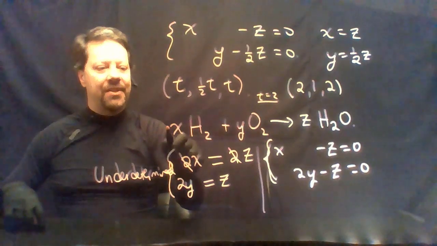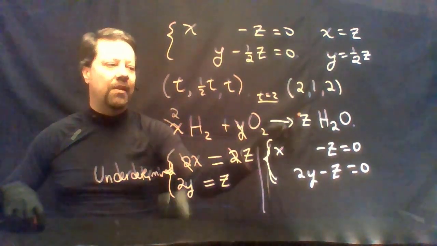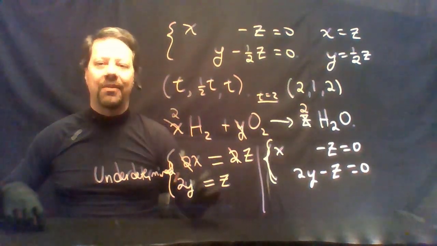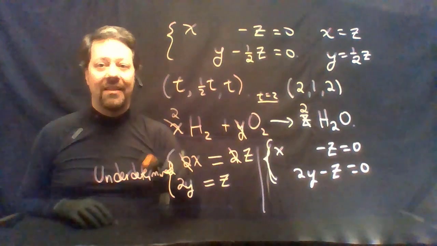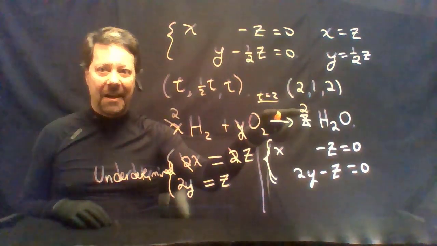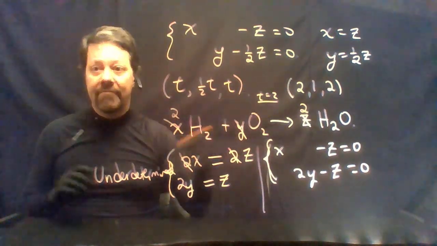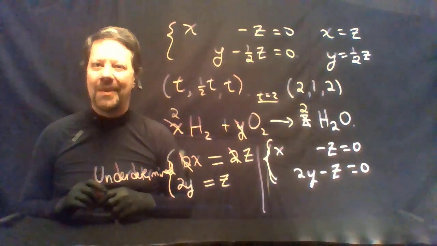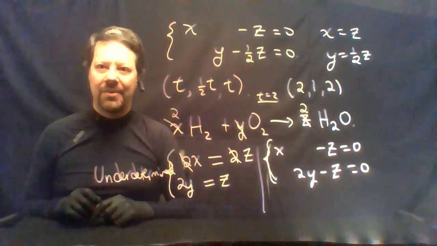That balances the equation so that we have 2 hydrogen molecules, 1 oxygen molecule, yielding 2 molecules of H2O. Note, however, that if we multiply through by any integer after this, like 3 or 6, that will also yield a balancing equation. The smallest one, though, is 2, 1, 2.